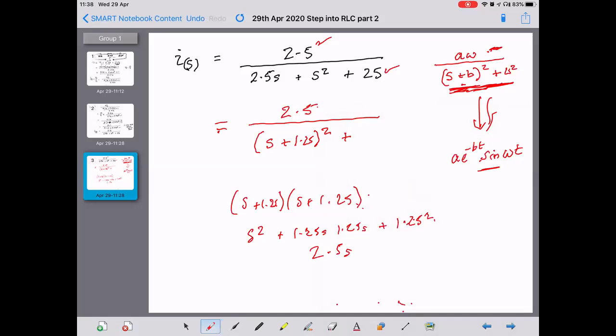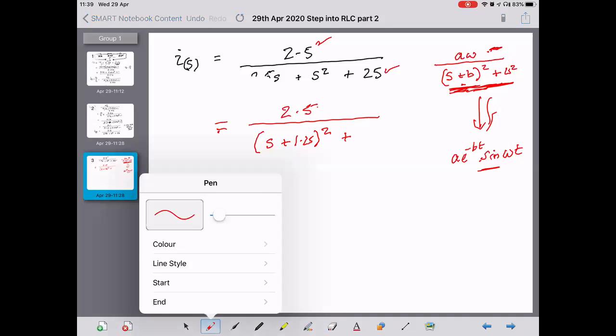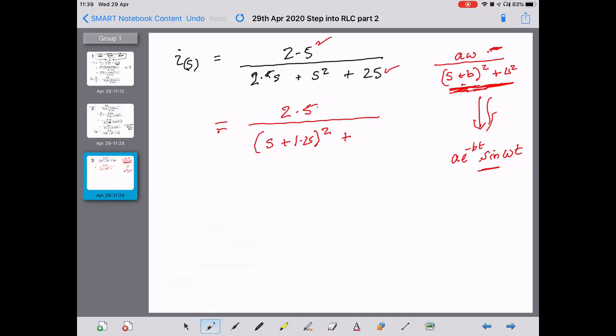So the effort to get this into perfect square form involves us halving the coefficient in front of the s term. So we put the set of brackets in, we write s on the left, we put plus, and then we half this coefficient here, 2.5, and we put that in there as well.